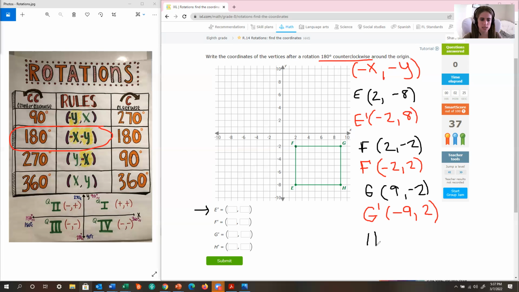And last but not least, for H, it is currently located at 9, -8. Apply your rule, multiply both values by a -1, landing us with -9 and +8.